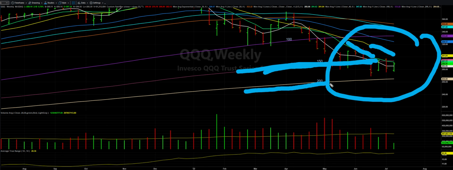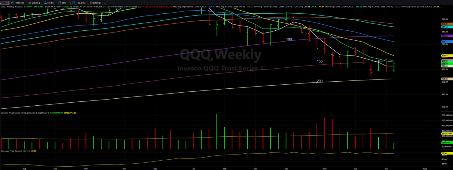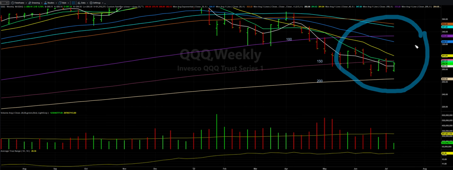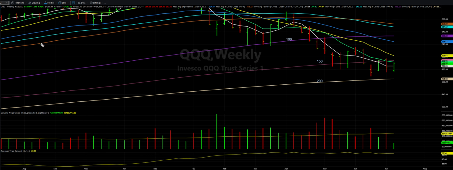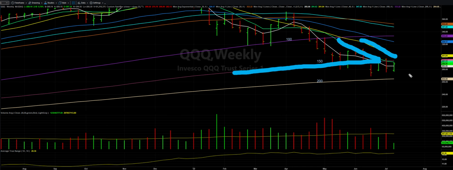I give it to the Qs one thing. We're holding support at the 200-week moving average. We haven't broke below it. But look at all this overhead resistance right here. We got the downward trending 8-week moving average. We got a 150-week moving average right here, this purplish looking line. We got a downward trending 13-week moving average here.